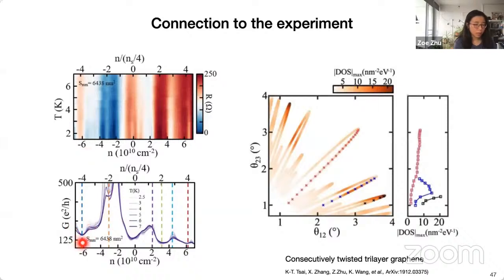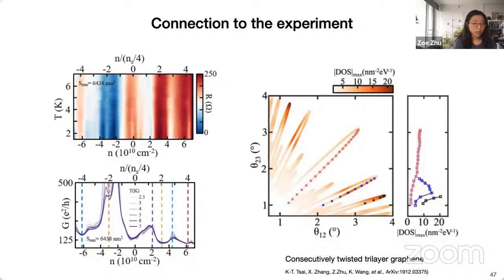If you look at the temperature dependence of the resistance, it is basically temperature independent. So near the full filling, you have semi-metallic behavior instead of insulating behavior. Second, you can look at the correlated behaviors that happen near the half filling, and this will correspond to an enhancement of the density of states.